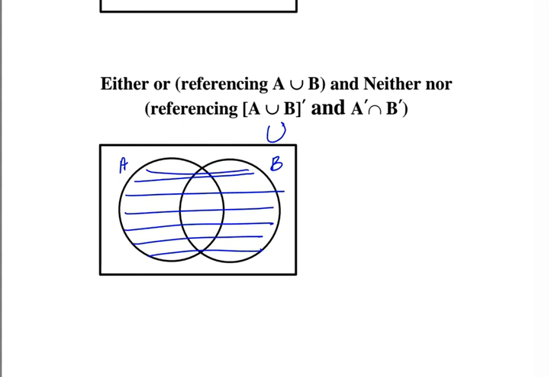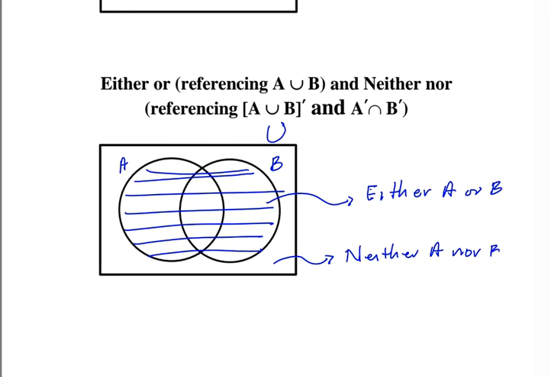B. So if the examiner wants to talk about A union B without saying A union B, he would say either A or B. So if you're out here, you are neither in A nor B.